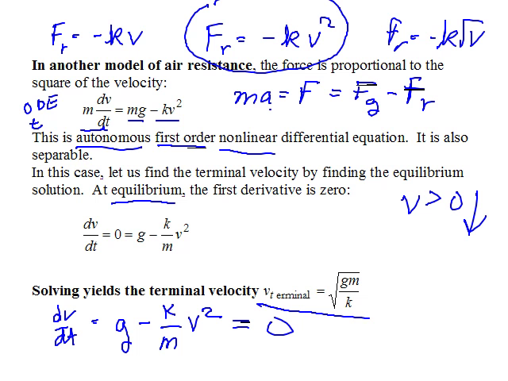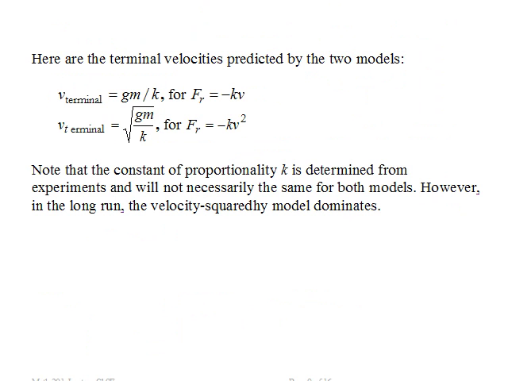So you see here we can find a lot about a solution just by looking at it graphically, even if we can't solve it analytically right off. So let's look at the results. If the resistive force was proportional to velocity, then the terminal velocity is gm divided by k. If the resistive force is proportional to velocity squared, then the terminal velocity is less.